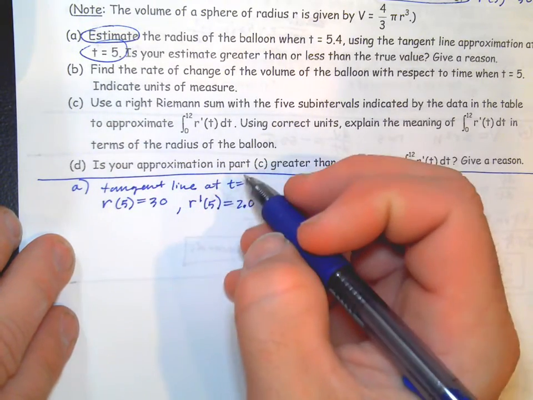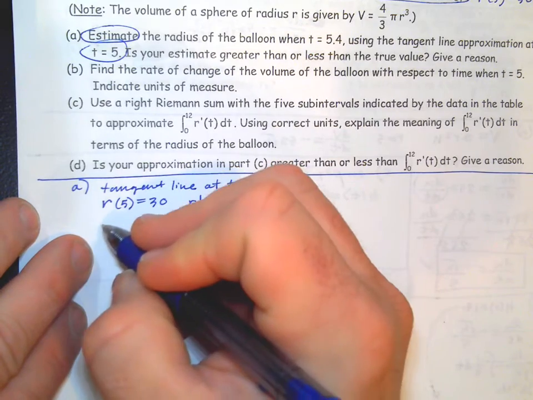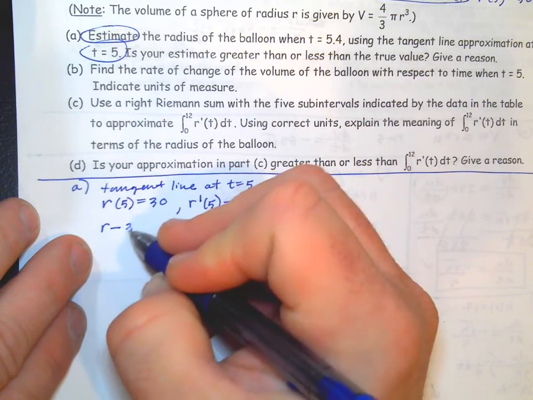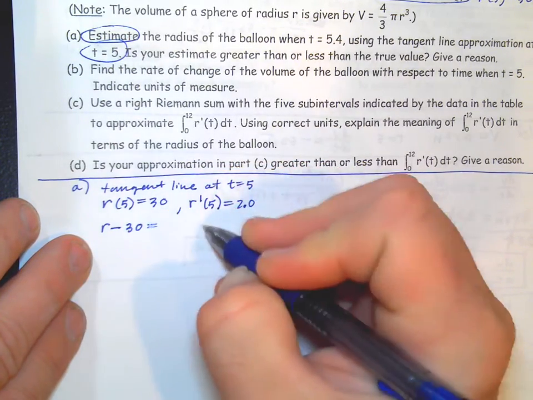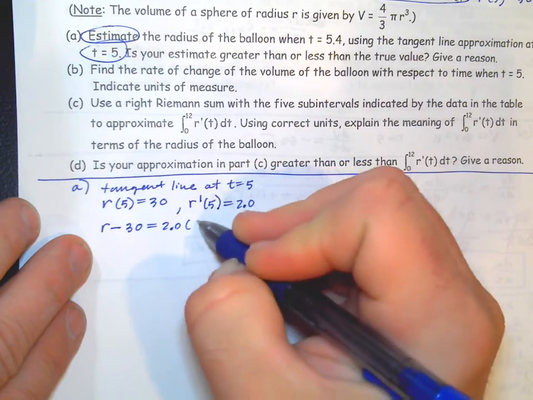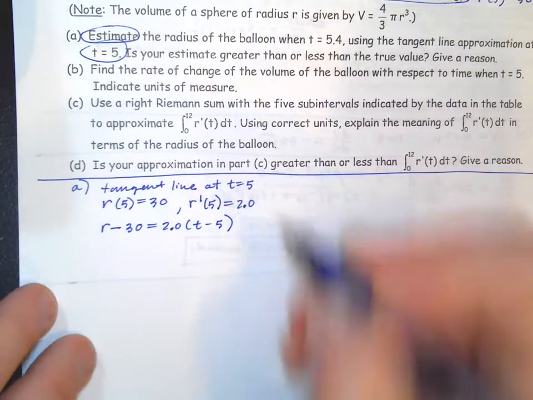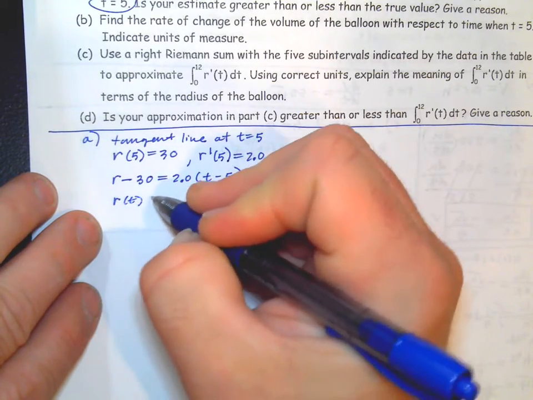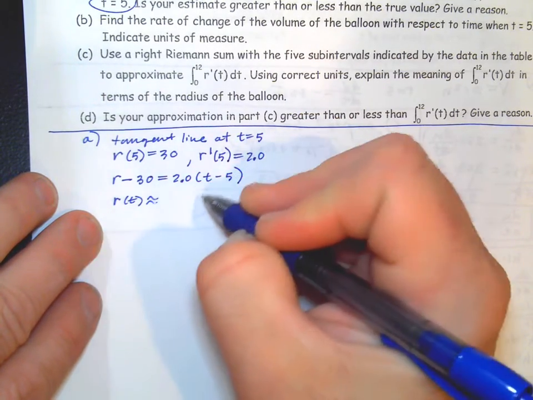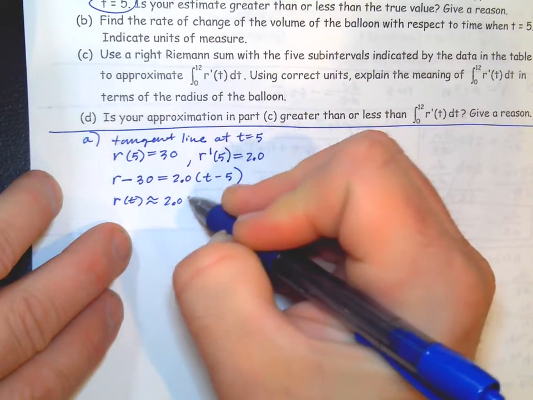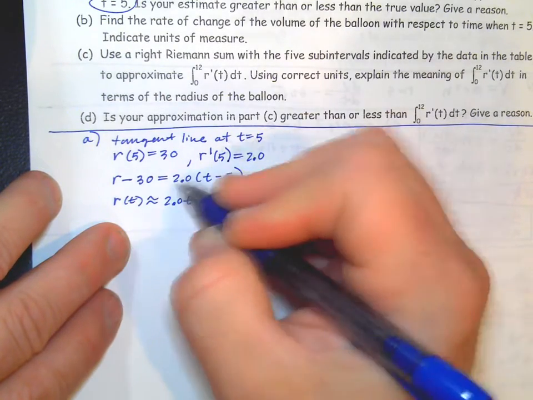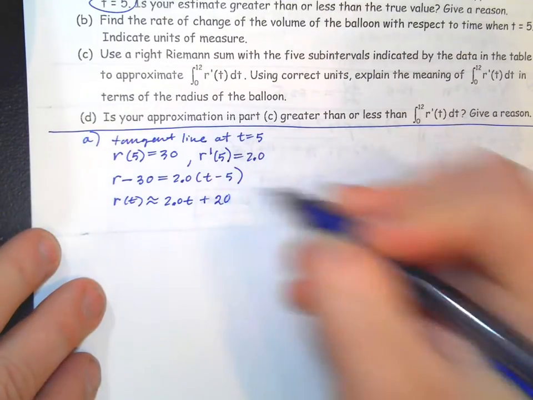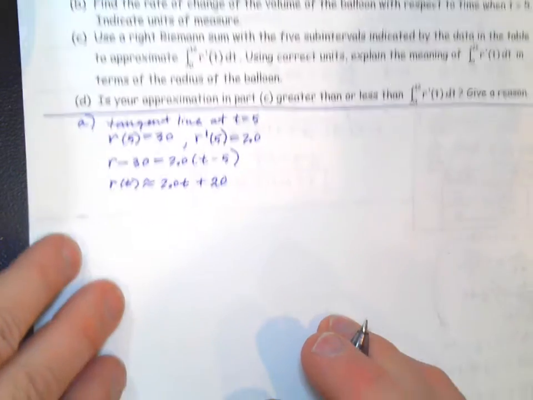So point slope form would be r minus 30 equals 2.0 times (t minus 5). And then we should probably go ahead and solve for r. And this is going to be an approximation: 2.0t minus 10 plus 30 is going to be plus 20. So that's our tangent line.